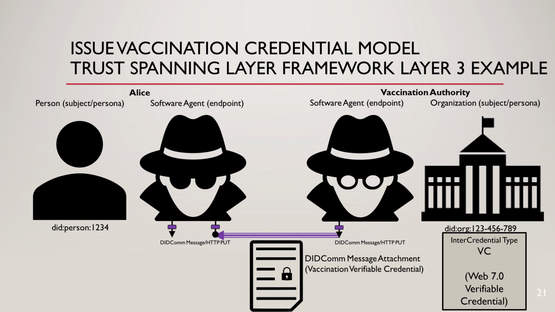That's her vaccination credential. The vaccination authority's software agent is going to send that DIDCOM message with the vaccination verifiable credential attachment over to Alice. That will be received on Alice's service endpoint. And again, we have safe, secure, trusted communications of that healthcare information.